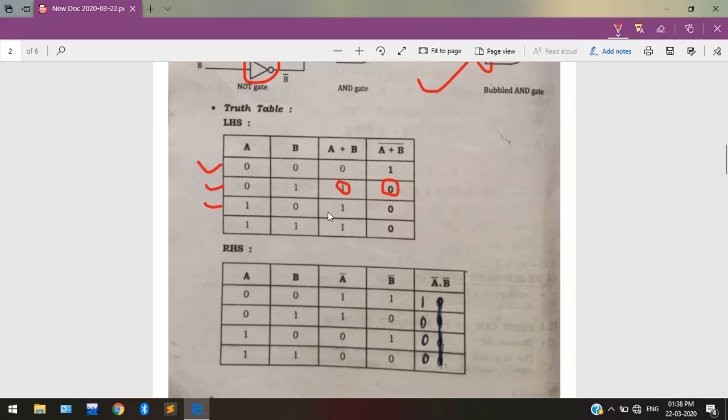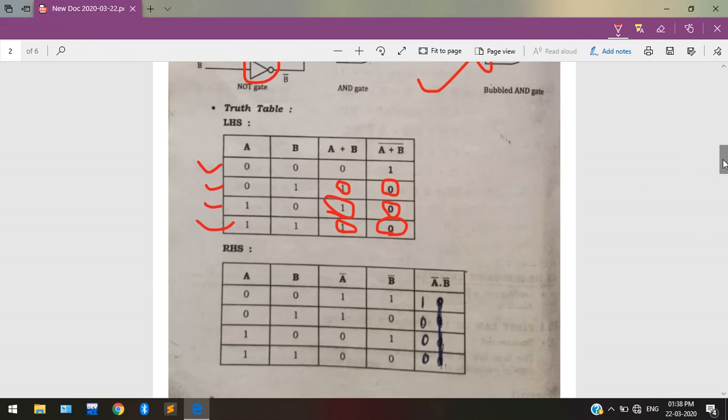So 1 plus 0 is 1, and its complement is 0. It is very easily understood. The fourth row has a is 1 and b is also 1. The output will be 1, and (a plus b) bar is 0. So this is the total LHS.